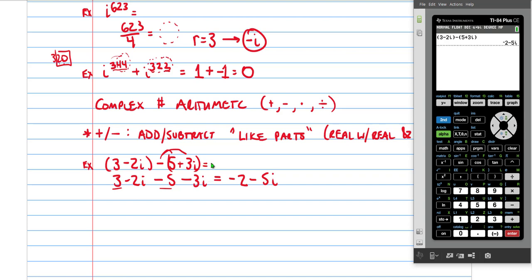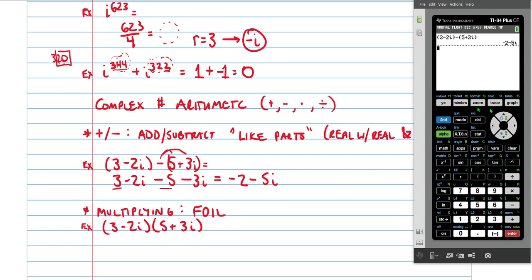So that's adding and subtracting. Just add or subtract the like parts. In terms of multiplying, usually you are going to have to use a FOIL-like process. So I'll use actually the same two complex numbers, 3 minus 2i times 5 plus 3i.